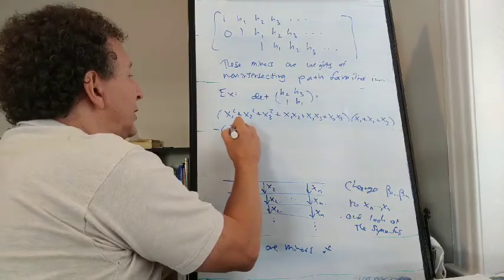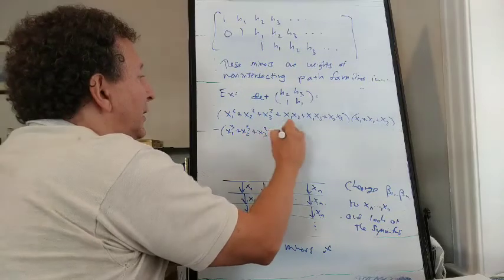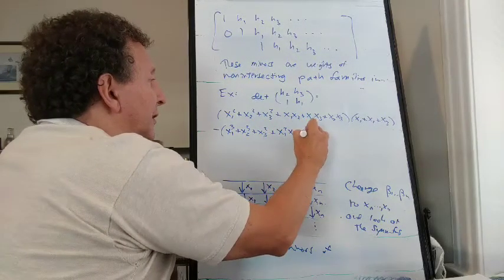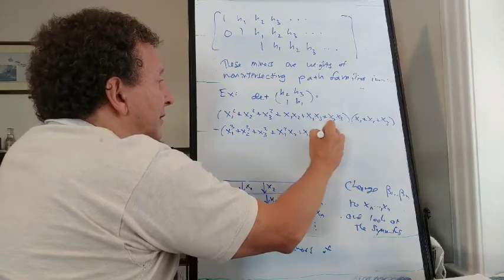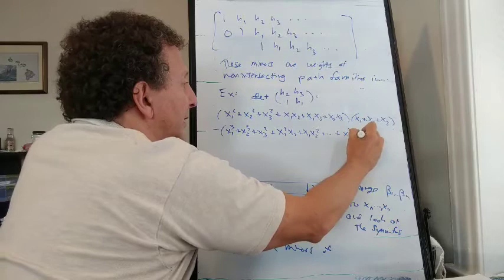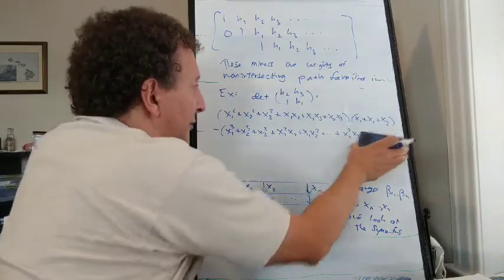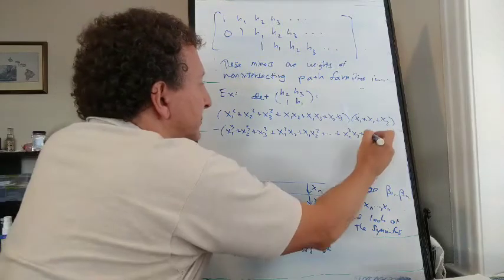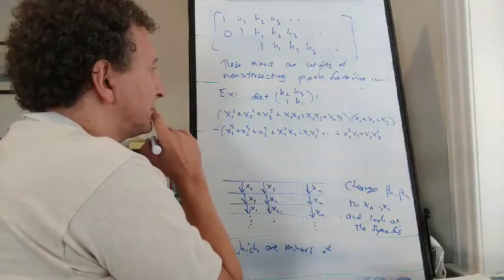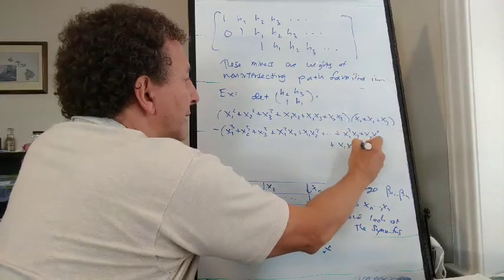So x1 cubed plus x2 cubed plus x3 cubed plus x1 squared x2 plus x1 x2 squared, etc., up to x2 squared x3, x2 x3 squared, plus x1 x2 x3.